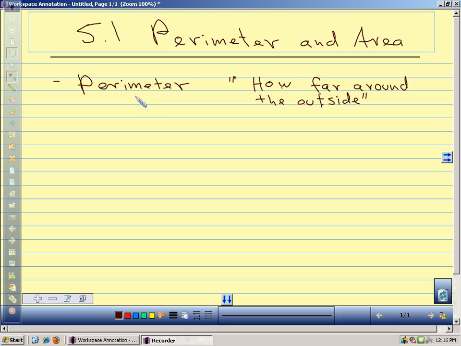So it's measuring around is where the root of the word comes from. And we decided that we also needed a closed shape for perimeter to make sense. We're talking about a closed shape. And our more formal definition is the distance around the outside.